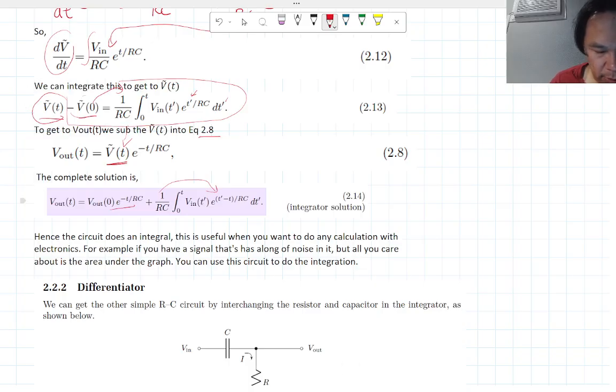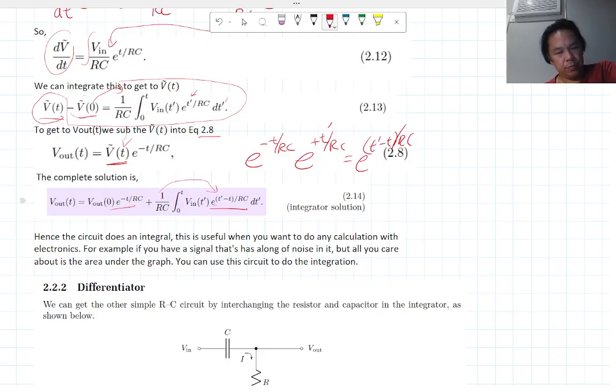So we're going to have this V_in times e to the negative t over RC times e to the positive t prime over RC. When you multiply two exponentials together, it's the same thing as adding the exponents. So this will be equal to e to the, we'll put the t prime first, t prime minus t over RC. And that's where this factor comes from down here.